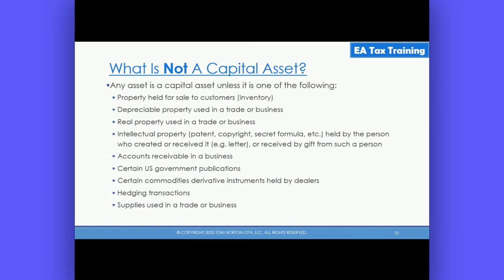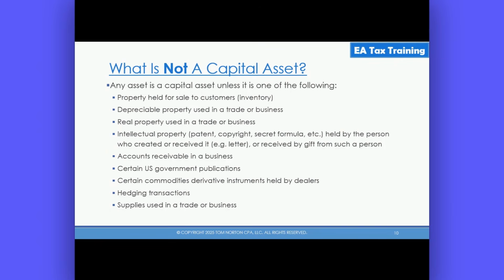So what is this list of items that are not considered to be capital assets? Well, here it is. It's on your screen. First of all, any property that is held for sale to customers, otherwise known as inventory, not a capital asset. Secondly, depreciable property used in a trade or business, not capital.